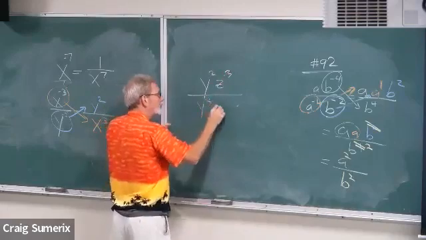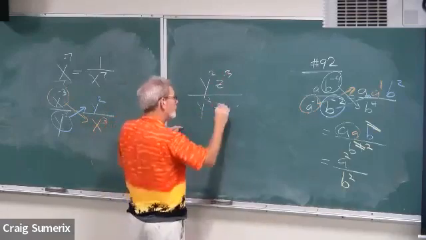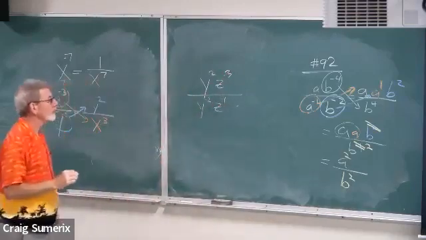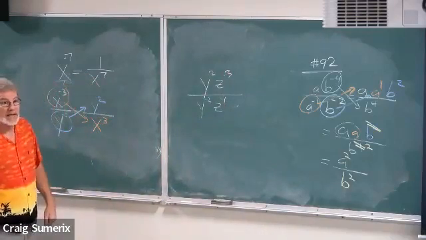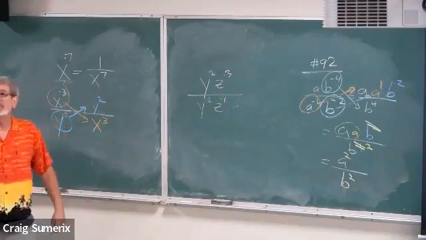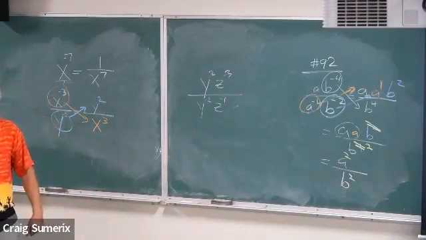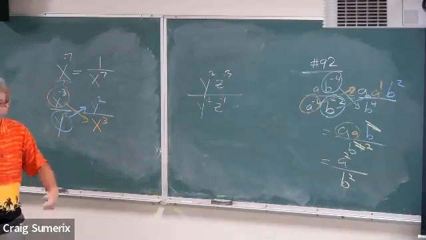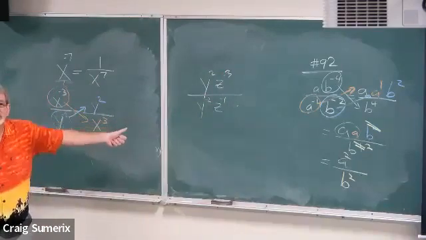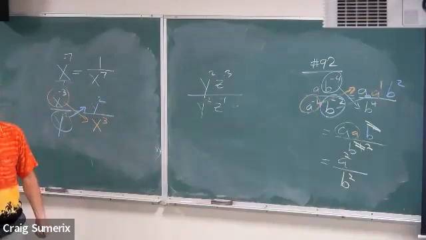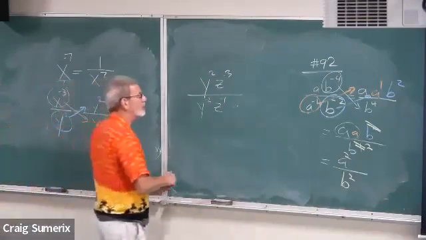Y to the -2, z to the -1. Lots of ways you can do this, but my recommendation, change them all to positive exponents because we know what positive exponents do. Does anybody really understand negative exponents? No, all they did was they changed. It's shorthand again. Let's change it back to something we recognize.